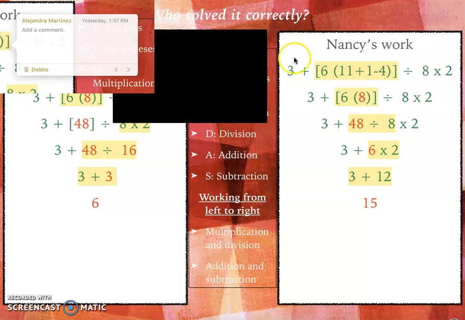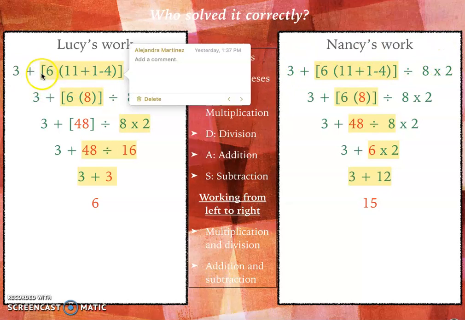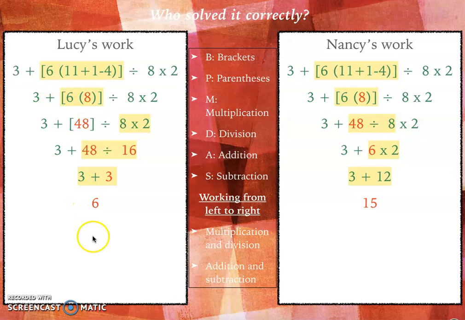Now as we see, they have the same expression: 3 plus bracket 6 parentheses 11 plus 1 minus 4 parentheses bracket divided by 8 times 2. If we follow the big purple monster drinking a soda, the first step that they had to do was the brackets.